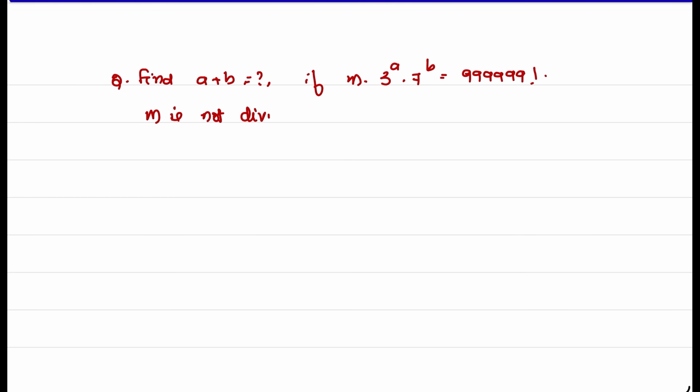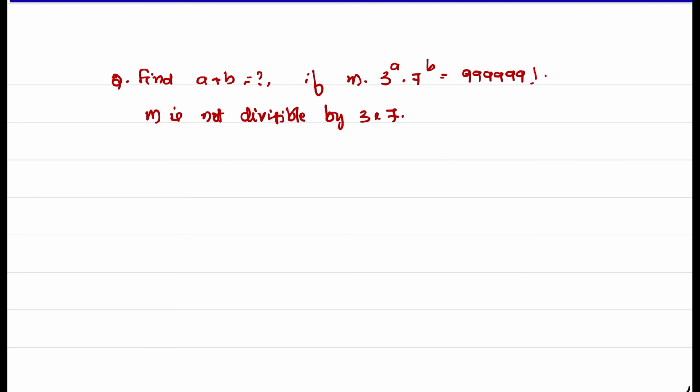The question given is: find a plus b if m into 3 to the power of a into 7 to the power of b is equal to 999999 factorial, where m is not divisible by 3 and 7.